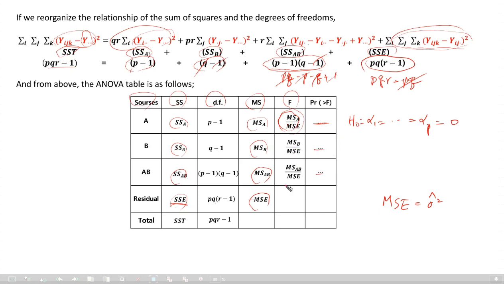So I tried to explain the background of two-way ANOVA with replications, but you don't have to memorize anything here. You had better understand how it is going, okay? I recommend you understand the logic and the basis of the ANOVA model.